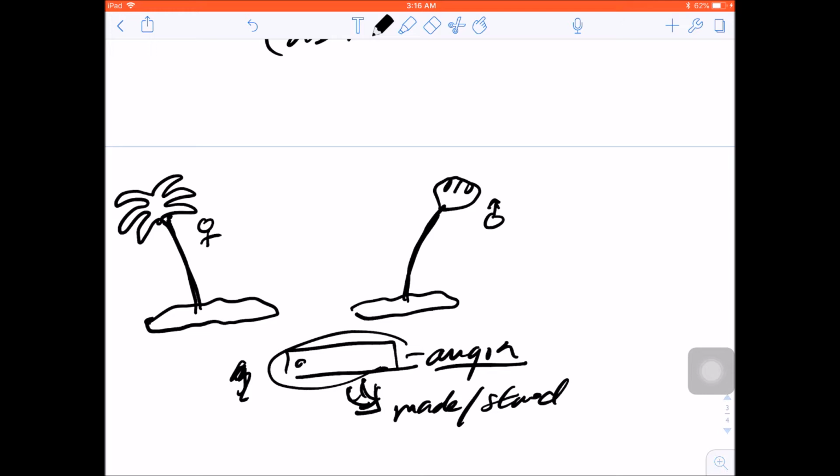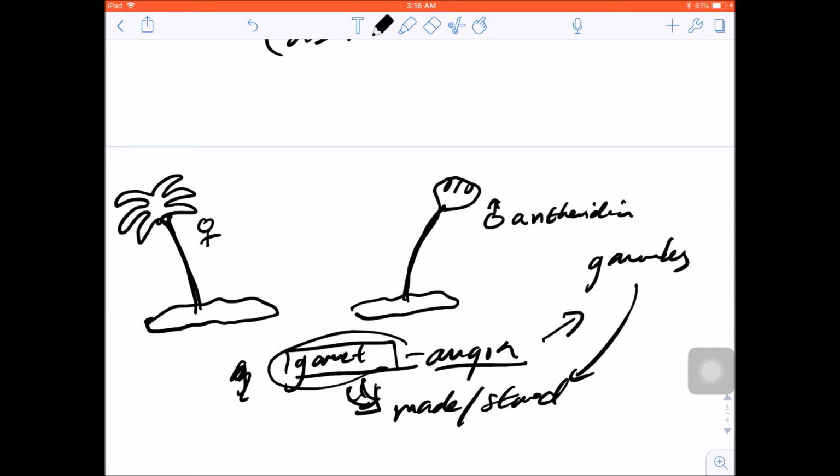So the gametangia is where the gametes are made and stored. In the male, the gametangia are called the antheridia. Again, this is just review. In the female, it's the archegonia.